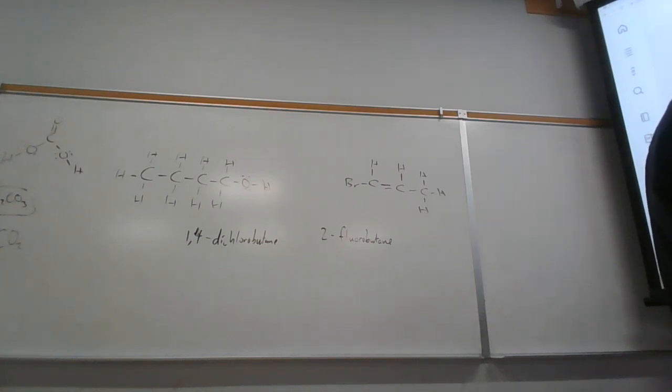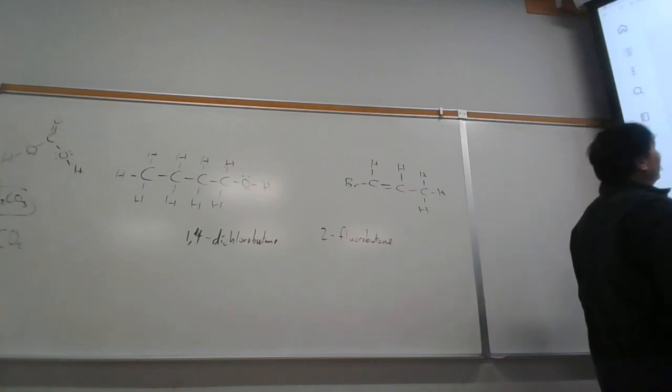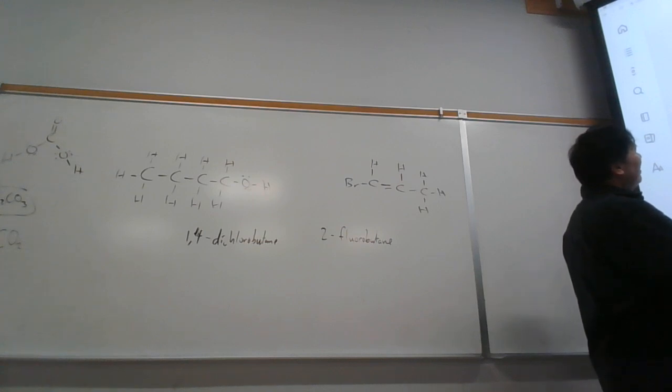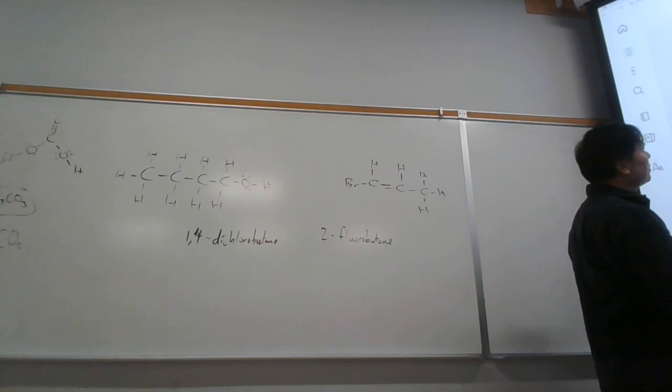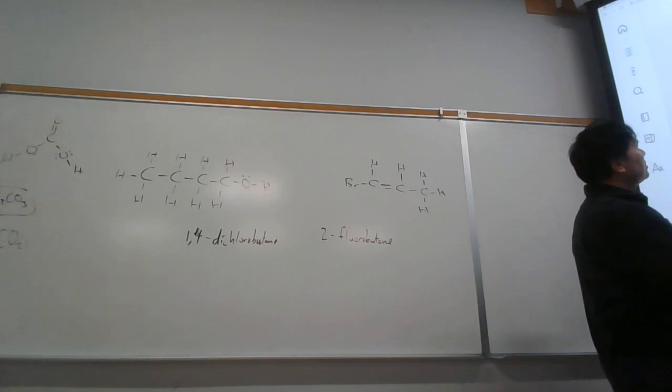Well, let me talk about chapter 4 a little bit, and then we'll come back to the combustion analysis. Chapter 4 deals with chemical reactions. Combustion is a type of chemical reaction. Chemical reactions and chemical equations. Normally, we want to write a balanced chemical equation. Chemical equations and stoichiometry, we can do quantity.